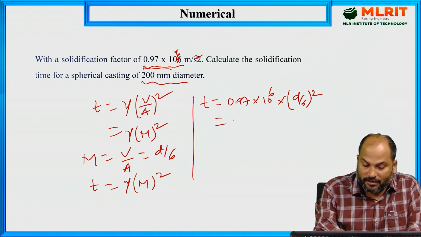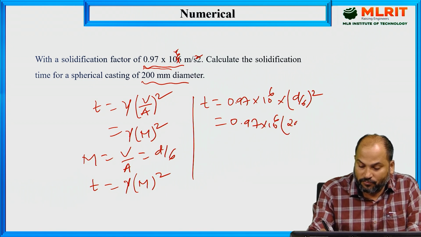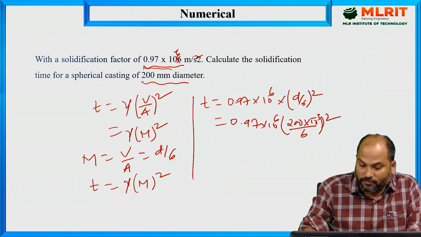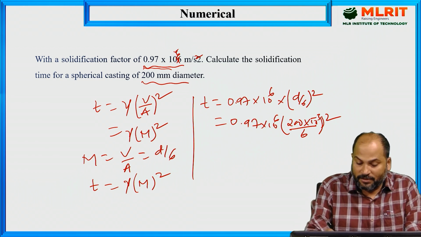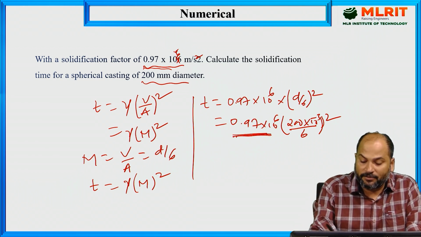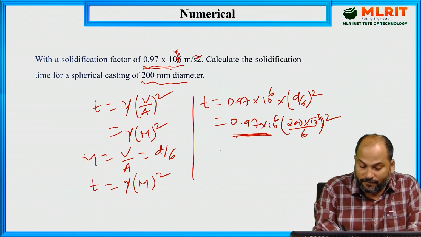So we can write 0.97 into 10 to the 6, and d is 200 mm, so 200 into 10 to the minus 3 divided by 6, whole square. Because 200 is in mm and the factor has been given in SI units, that's why we have converted this into SI units.